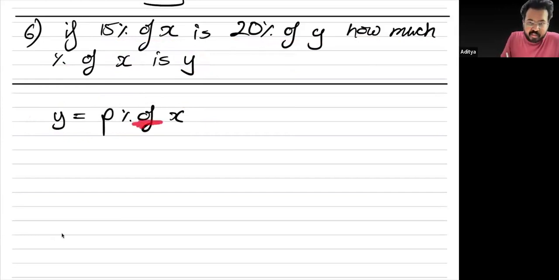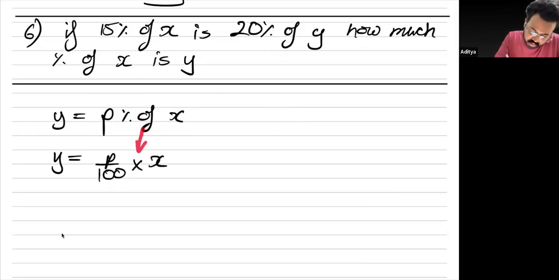In maths, of means multiplication and percent means 1 upon 100. So these are the equations but written in word form, and to convert this into maths so that you can do maths properly, you have y is equal to p by 100 times x. Okay, of implies this. I know this is basic stuff, but the first class for ratio, proportion, algebra will be basic.